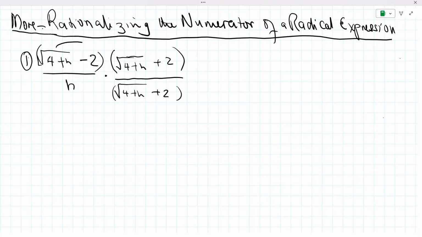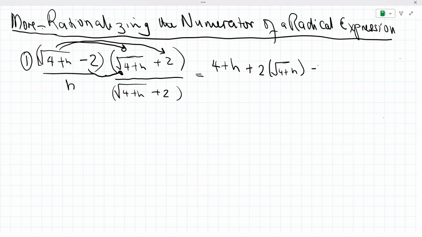So root 4 plus h multiplied by root 4 plus h, this will give us 4 plus h. And then we have root 4 plus h multiplied by 2 will give us positive 2 into root 4 plus h. Okay, we can bracket that up, doesn't matter. And then we move on to negative 2 times root 4 plus h.